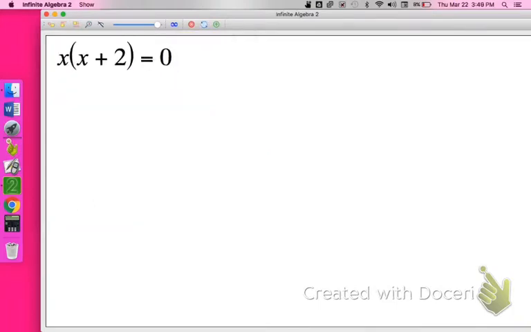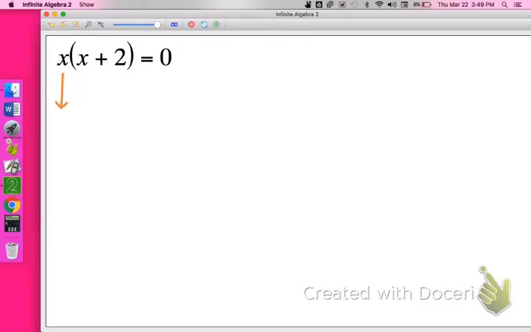Okay, one more. Sometimes we don't have two sets of parentheses, we just have one, but we have two x's. So you'll notice we have an x here and we have an x here. And I call this one the forgotten zero because a lot of times students forget this one or they don't know quite what to do with it. But this is counted as a 0.